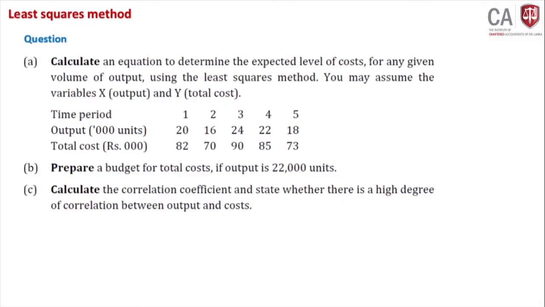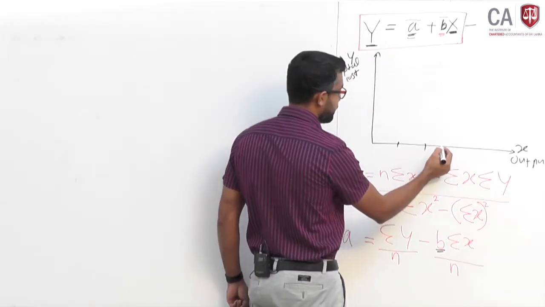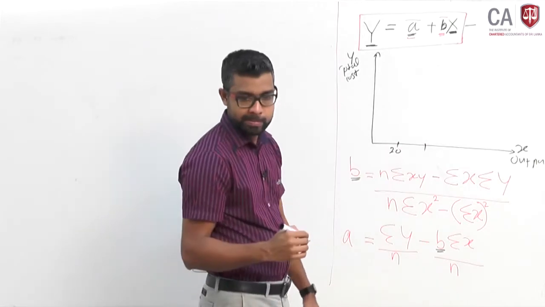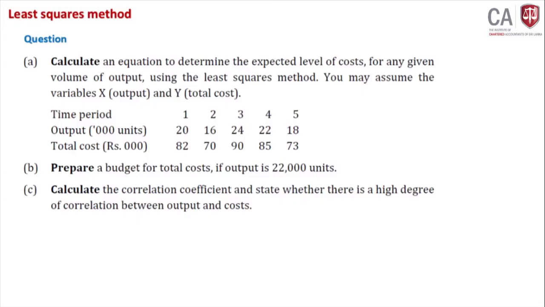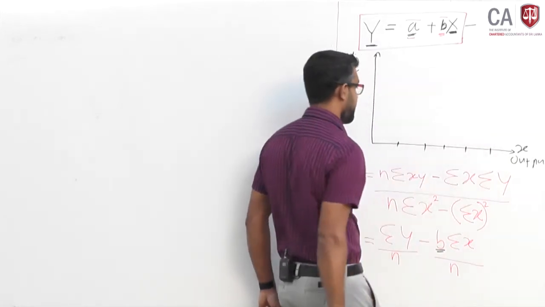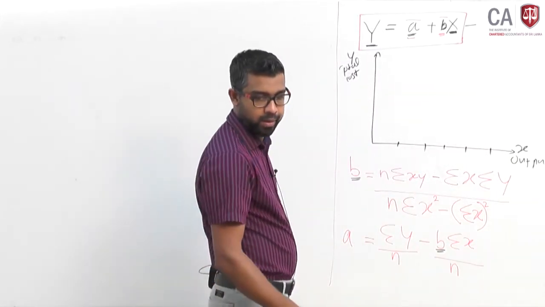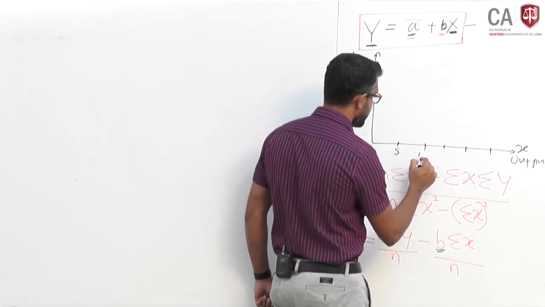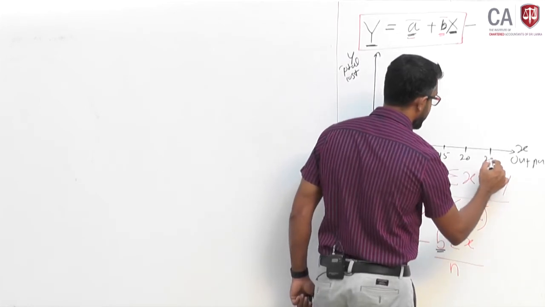They have given us 5 time periods. Output 5, 10, 15, 20, 25, right?